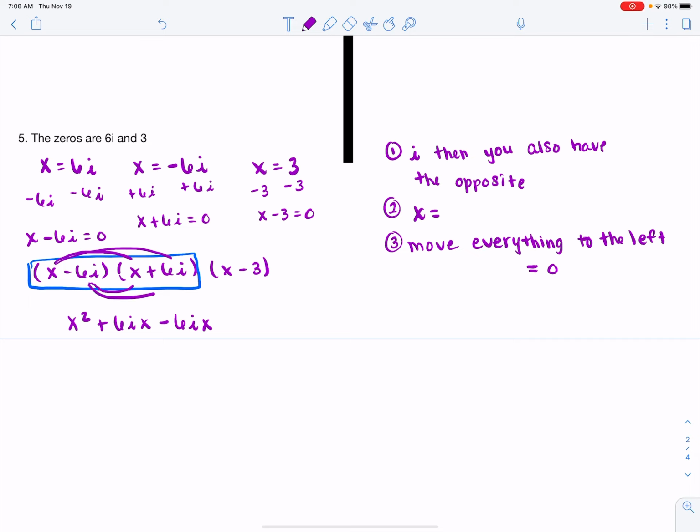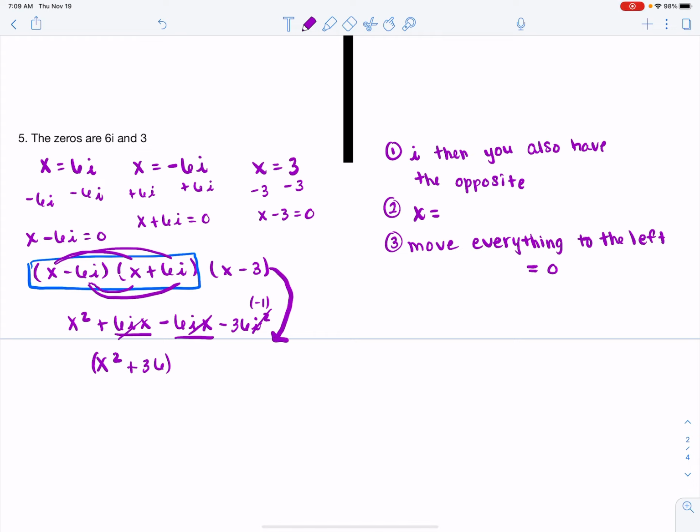And negative 6i times positive 6i is negative 36i squared. All right, so we're going to combine the like terms. 6ix and negative 6ix, those cancel. So I have x squared. Now, negative 36i squared. Remember, i squared is really negative 1. Negative 36 times negative 1 is positive 36. So that's the factor I get from those first 2.